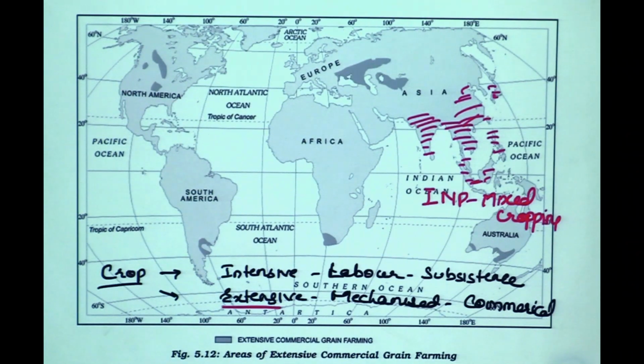And now what we are trying to learn? It is extensive mechanized grain farming. So which is the grain that we are essentially cultivating here? It's wheat. And which are the areas where we are cultivating it essentially?